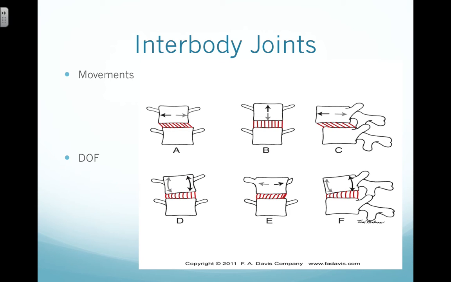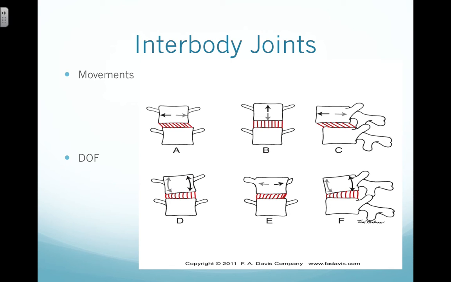So this is, I love this picture because it really shows the great way in which our interbody joints move. So we see that there's tilting and that there's rocking occurring. We understand that there's sliding in the anterior posterior direction and in the medial lateral direction, and there's also torsion that occurs.